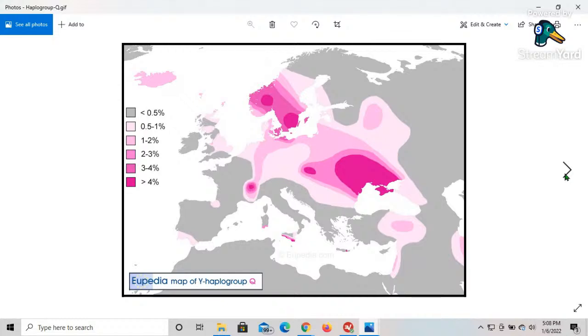That's the Q. The Q haplogroup in Europe, of course, not a huge population. It's like 4% here in these areas, but you can see it's still here in the area where Madai was said to have been in Europe, right here.